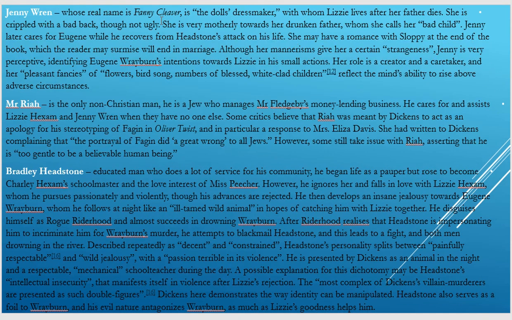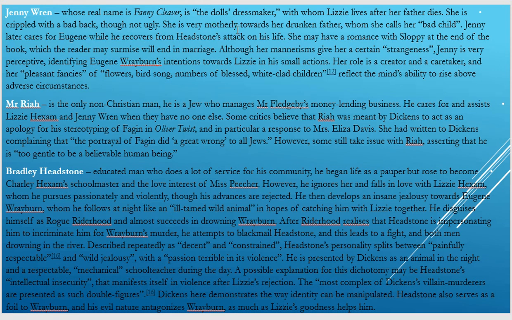Next, we have Jenny Wren. Jenny Wren is a character whose real name is Fanny Cleaver, and she has a kind of connection with Lizzie. She lives after her father dies. She is crippled with a bad back, though not ugly. She has a physical problem in her body.